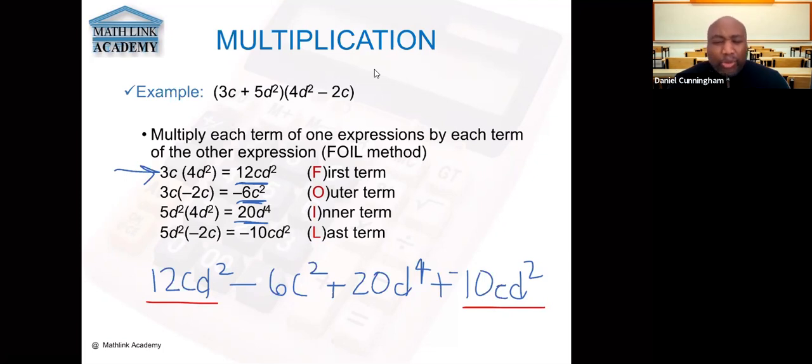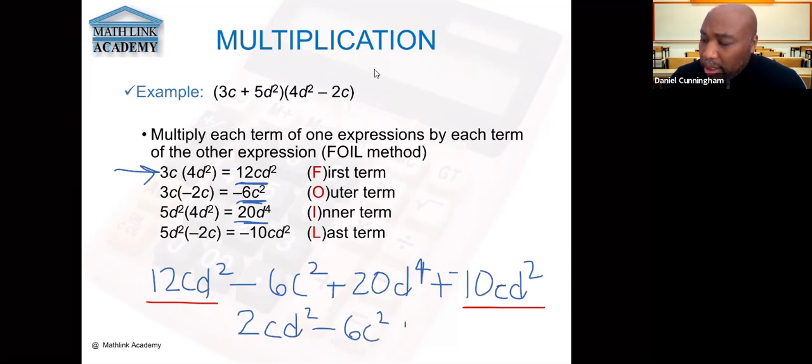I'm going to combine those two terms, and then I have my final answer. So that'll be 12 minus 10, which is 2. So I have 2CD squared minus 6C squared plus 20D to the fourth.